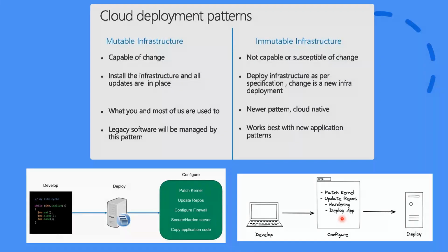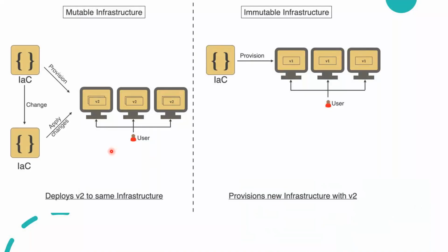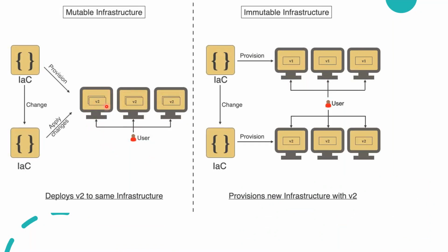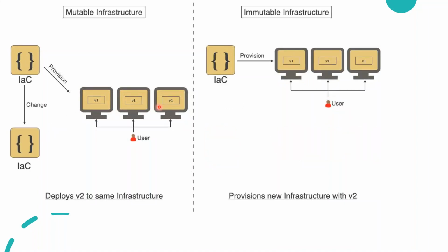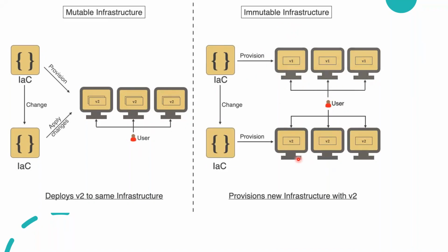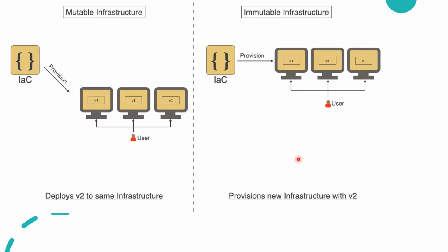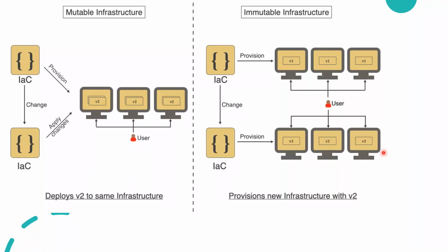If you look at here, earlier we used to do an in-place upgrade or in-place update of the application on the same set of hardware. But now in immutable infrastructure, we deploy the newer version on a completely new set of systems, which makes all the systems consistent.